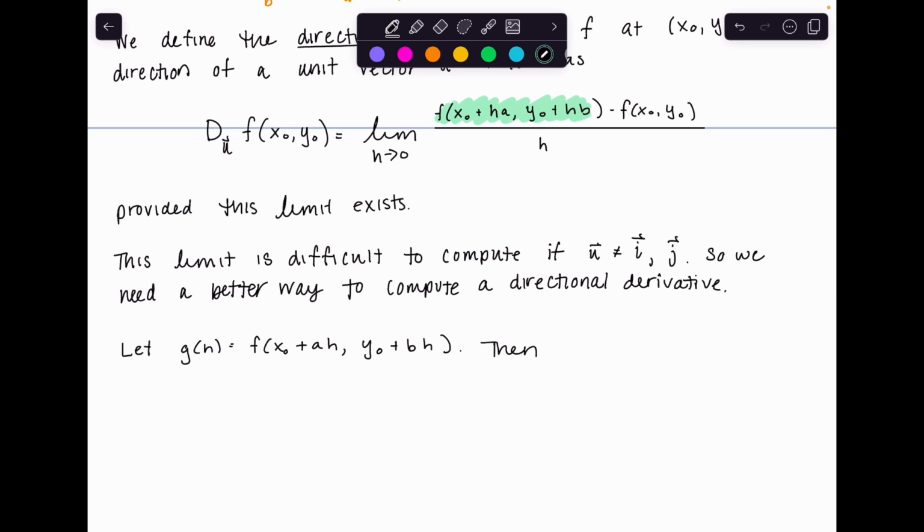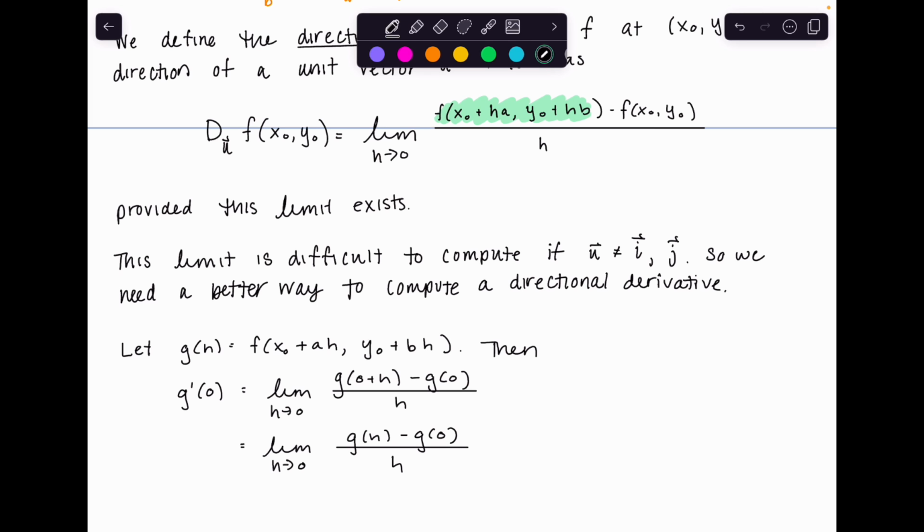Then what I can actually do is go through my Calc 1 definition for g prime of 0. This is the limit as h tends to 0 of g of 0 plus h minus g of 0 all over h. Okay. Well, all that really becomes g of 0 plus h is just g of h minus g of 0 over h.